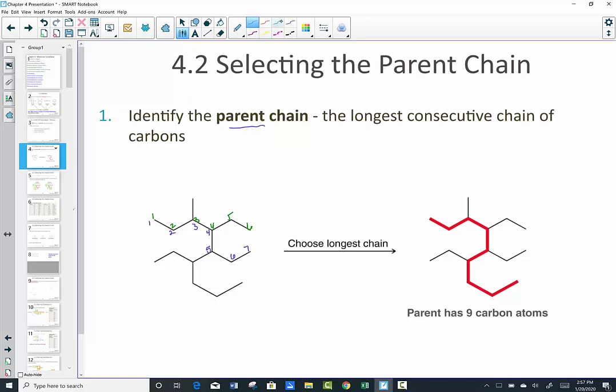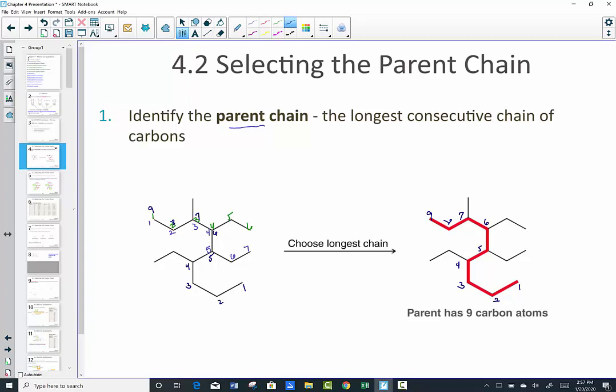Let's keep testing. What if I just start down here. 1, 2, 3, 4, 5, 6. Looks like I can come this way. 7, 8, 9. Well, here I found, just kind of trial and error, 9 carbons in that particular chain. So the longest chain, just by trying every possible way, comes up with 9.